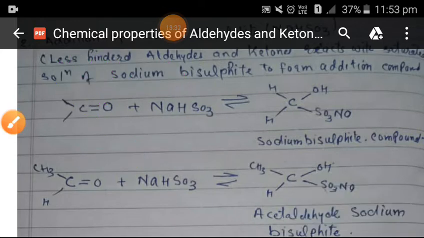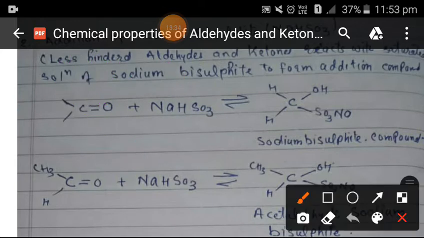Okay. So let us see here. We will take how the sodium bisulfite addition compounds are formed when aldehydes or ketones are treated with sodium hydrogen sulfate, or we may call it sodium bisulfite.